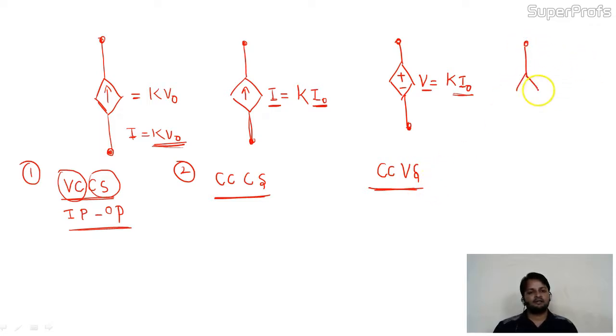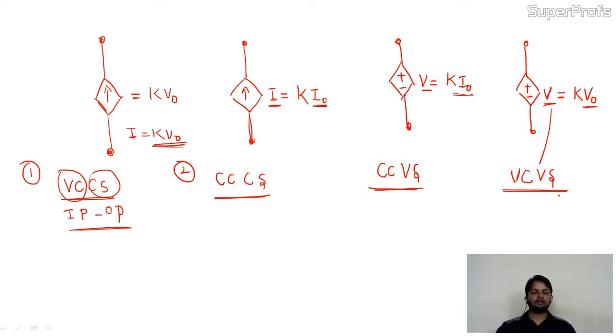And the fourth and last one is again the voltage source, and the value is KV0. The value of the voltage is dependent on voltage, so this is the voltage control voltage source.